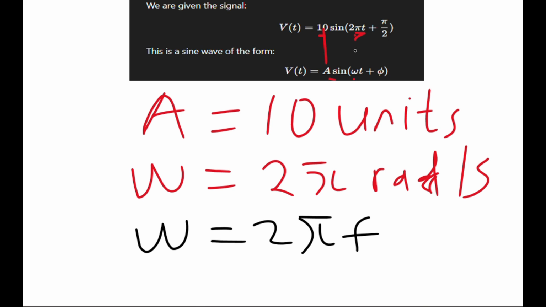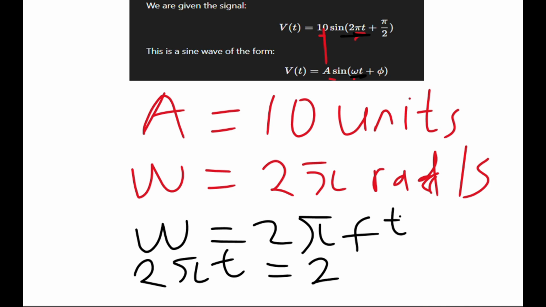So we are going to compare this angular frequency, 2 pi f t, to the equation that was given to us, which is 2 pi t. So 2 pi t is equal to 2 pi f t. And now we are going to make f the subject, which is the frequency. So we are looking for the frequency.